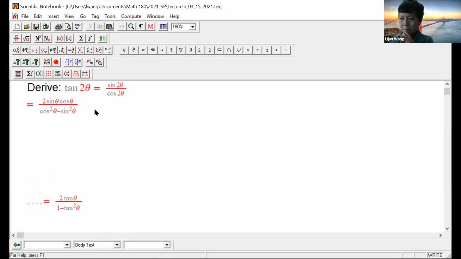Is that better? On this one, I'm going to divide the numerator and denominator by cosine square theta.